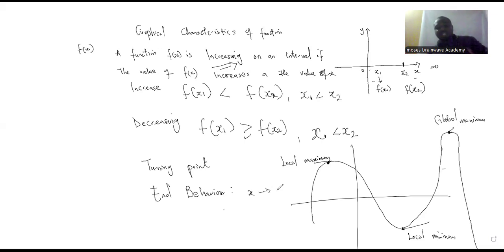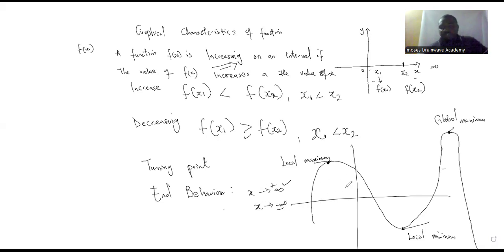The value of x goes to infinity, whether to the positive side or to negative infinity. As x takes very large positive values, we say that x tends to positive infinity. If x is taking large values in the negative direction, we say that x is going to negative infinity.